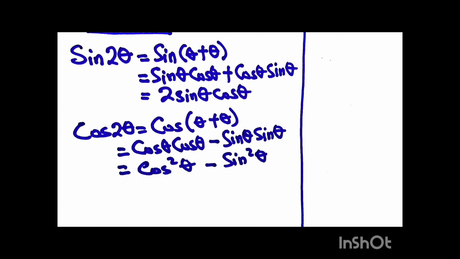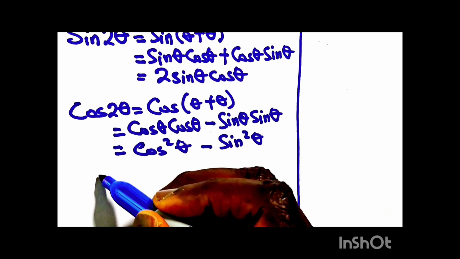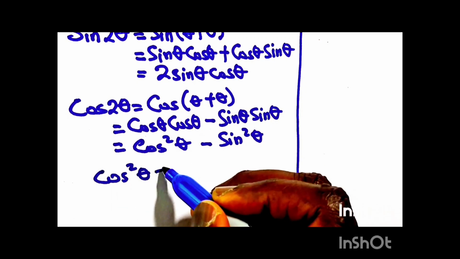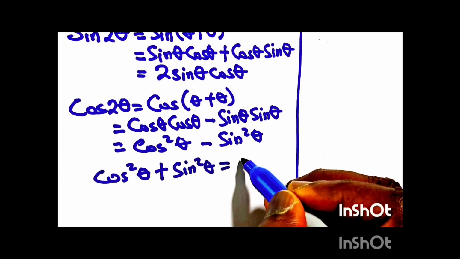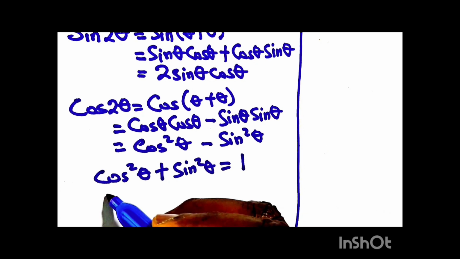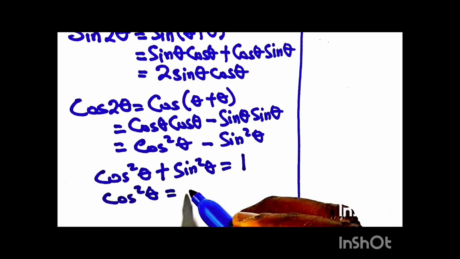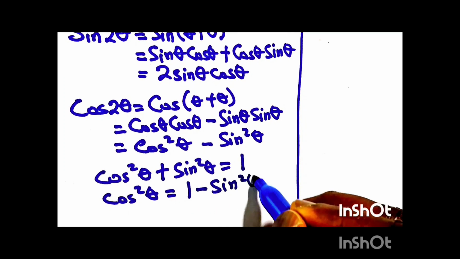If we do that, we can remember our Pythagoras theorem under the trig says that cos squared theta plus sine squared theta gives us 1. So from here, we can convert cos squared theta. Cos squared theta will now be equal to 1 minus sine squared theta.